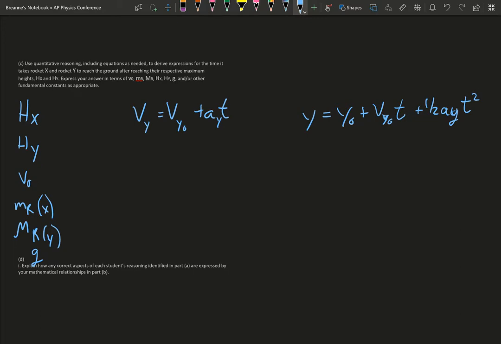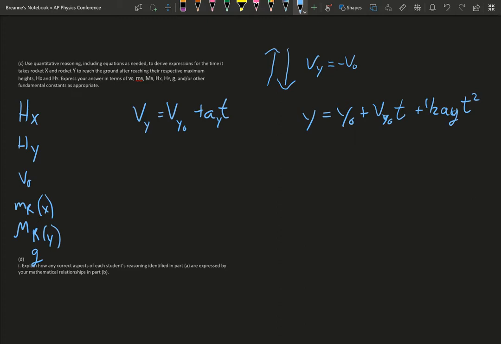So our final velocity, because we're just trying to figure out the time that it takes for the whole entire thing, it goes up and back down. If you remember, your final velocity, because we're doing it down here, equals just a negative version of our initial velocity, because it's falling at the exact same rate.